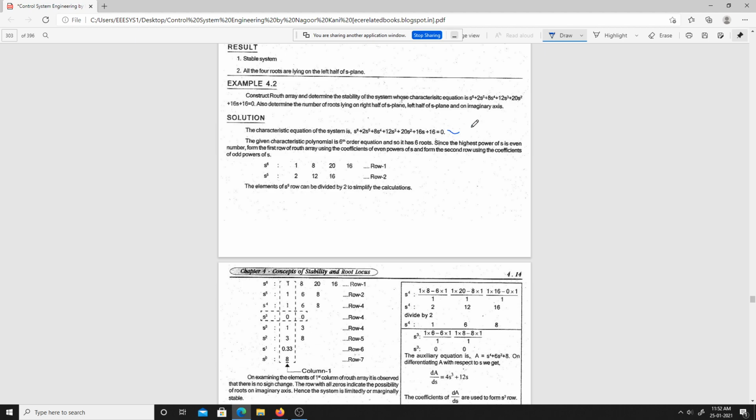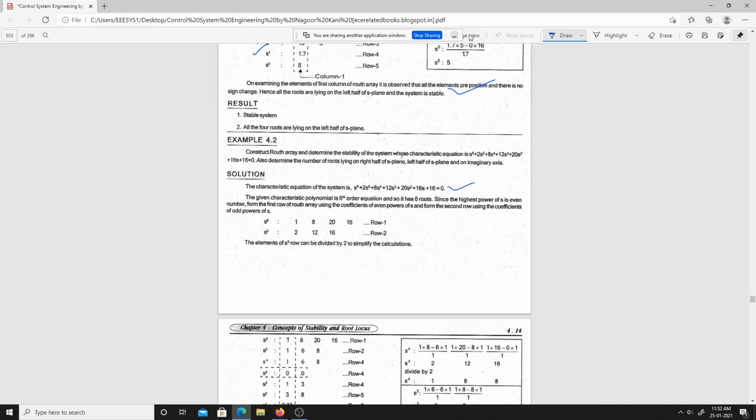So this is the characteristic equation that we are having. First of all, two roots we will get directly from the characteristic equation. Here the highest power of s is an even number, so the first row will be the coefficients of the even powers. For s power 6 the row will be formed by 1, 8, 20 and 16, and the second row will be the odd power coefficients, s power 5, that is 2, 12, 16.